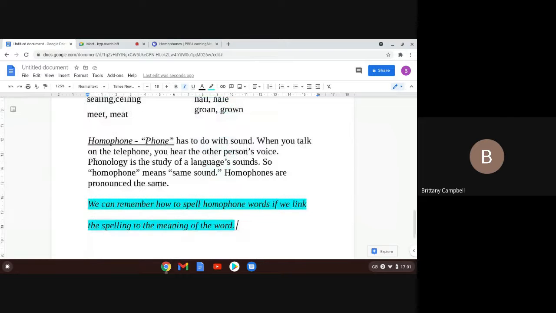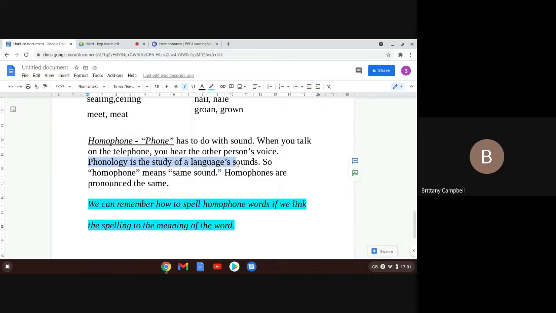Now, just before we get into that homophone, I want you to remember that phone has to do with sound. So when you talk on the telephone, as I emphasized yesterday, you hear the other person's voice. And phonology, ensure that you take down this sentence.